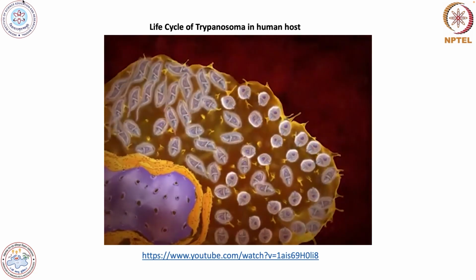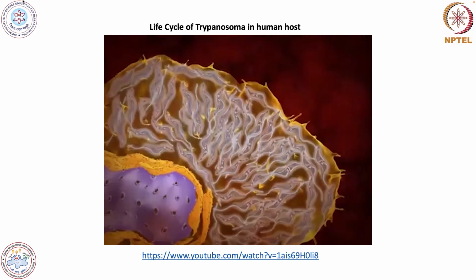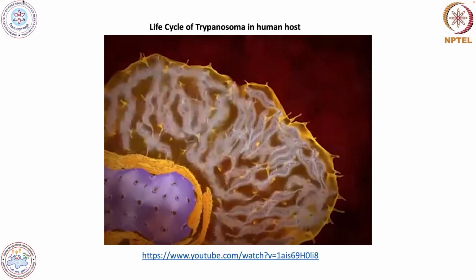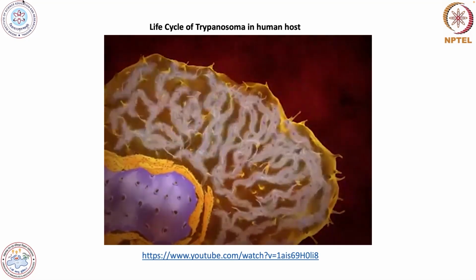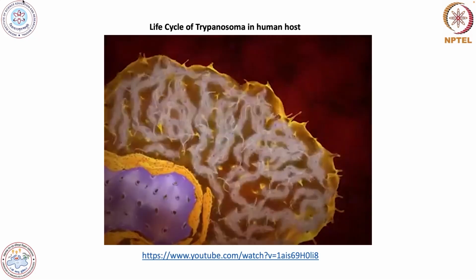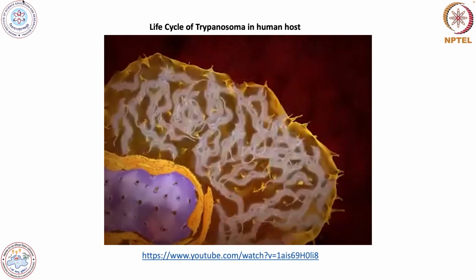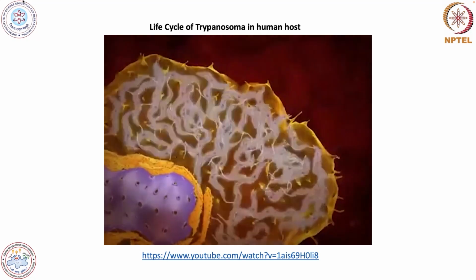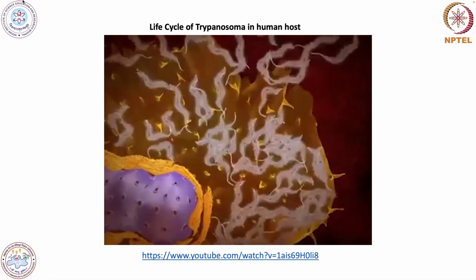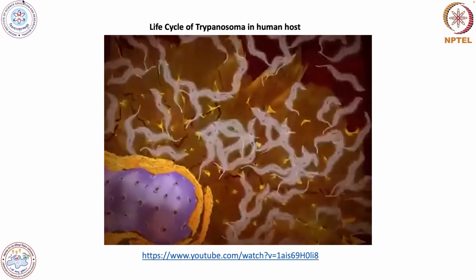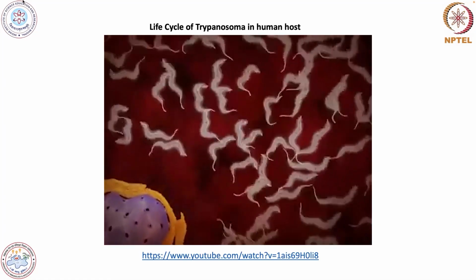Following division, the amastigotes transform into trypomastigotes, which show intense and constant movement that culminates with their bursting out of the cell. The trypomastigotes reach the extracellular space and, subsequently, the bloodstream. The parasites will now infect new cells.